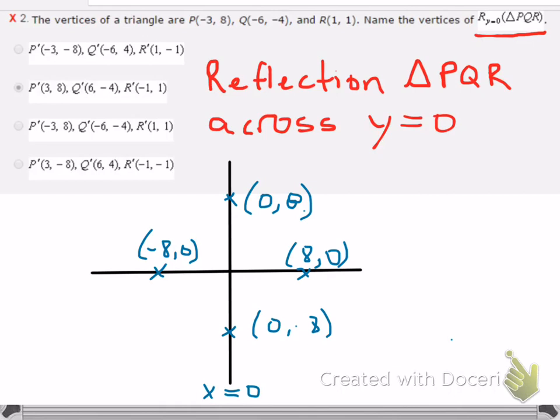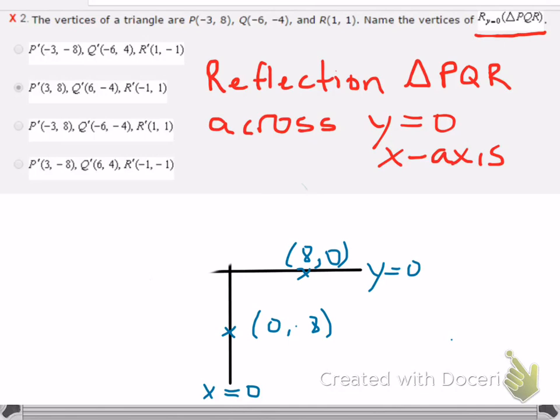So the x-axis is actually defined to be y equals 0. They're asking us to reflect across the x-axis. y equals 0 is the x-axis, so this is an x-axis reflection. So how do we do a reflection across the x-axis?